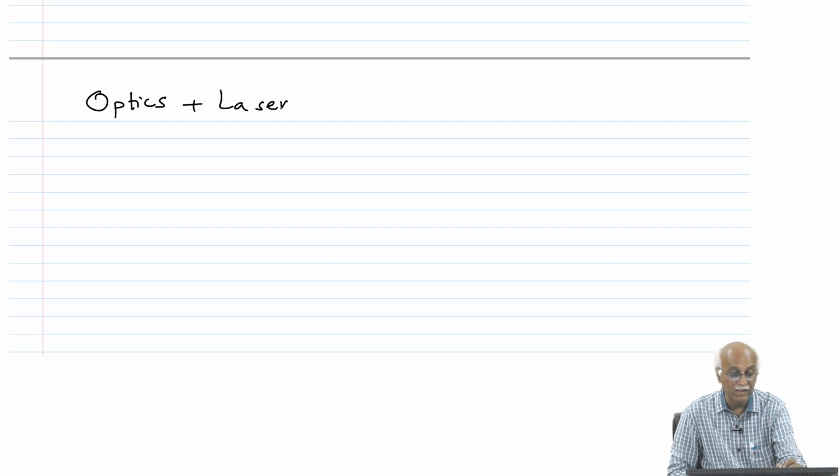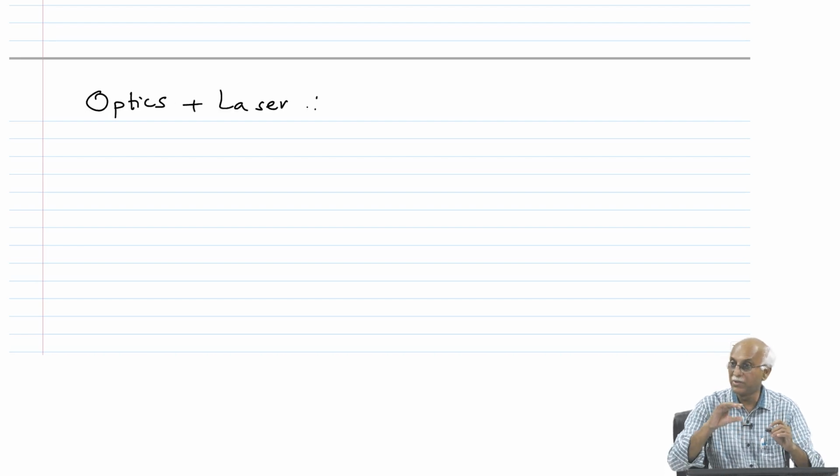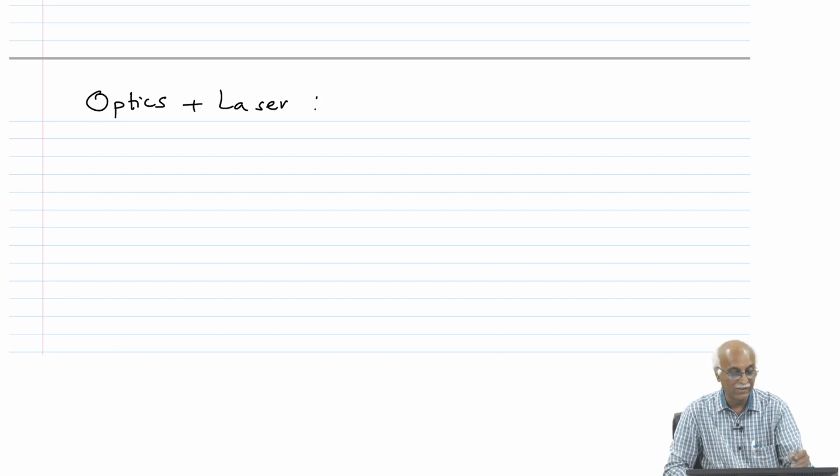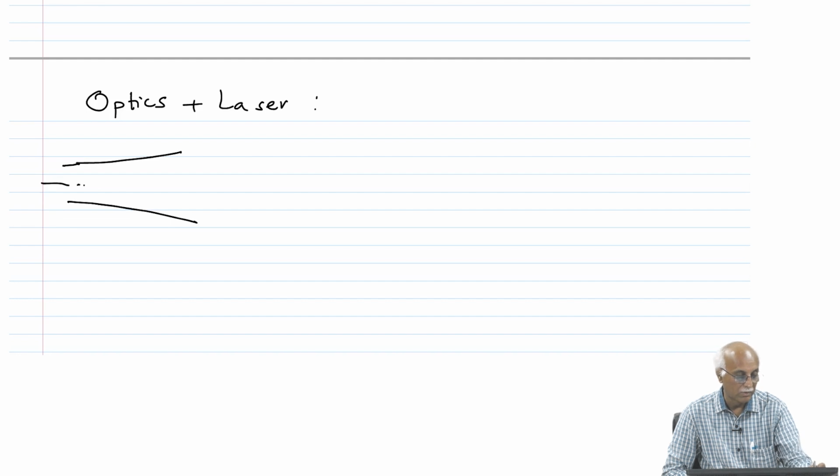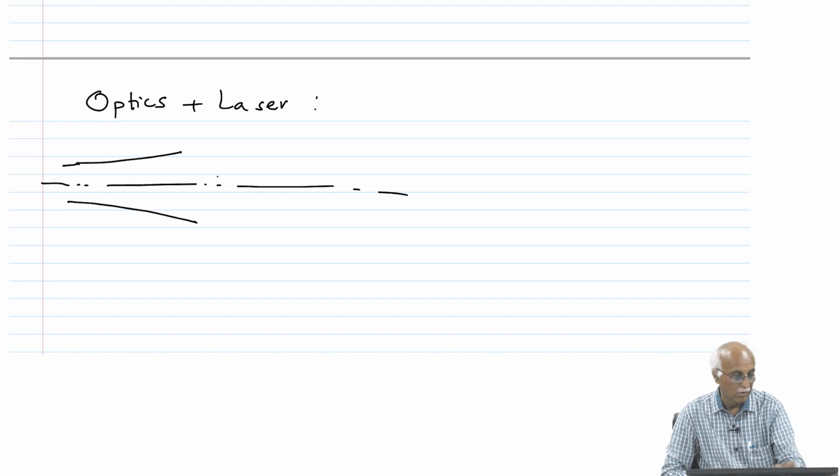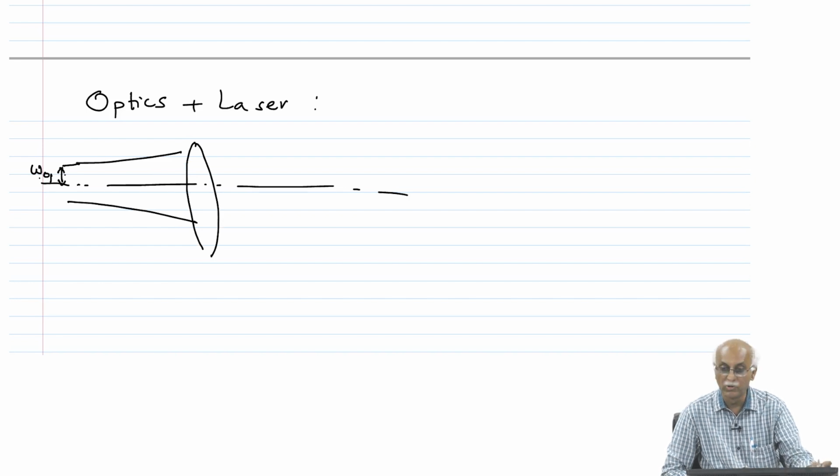You will need an estimation of how the beam is getting focused, what the size is, etc. So, let us say here this is the beam waist W01 and there is a lens with focal length f.